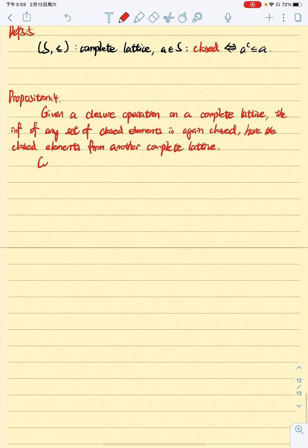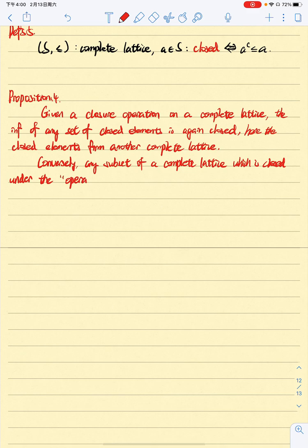And conversely, any subset of a complete lattice which is closed under the operation inf can be obtained in this way.